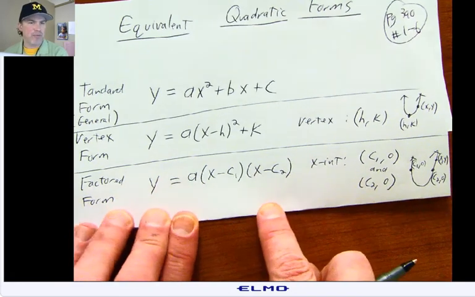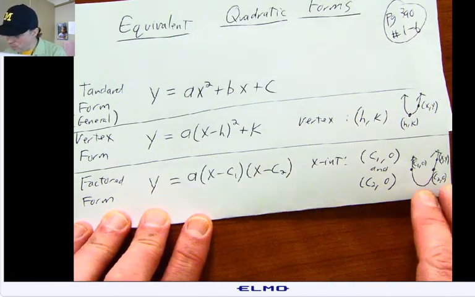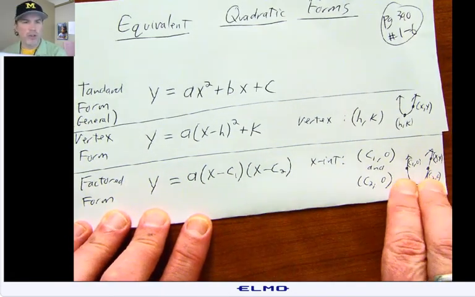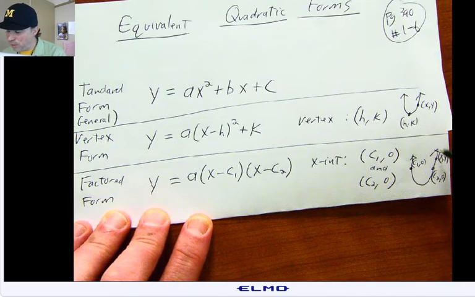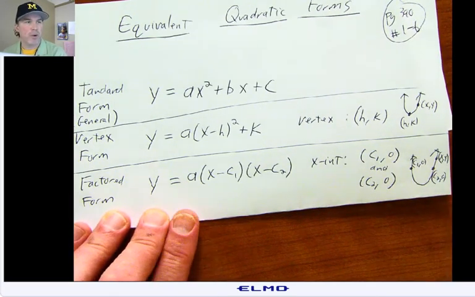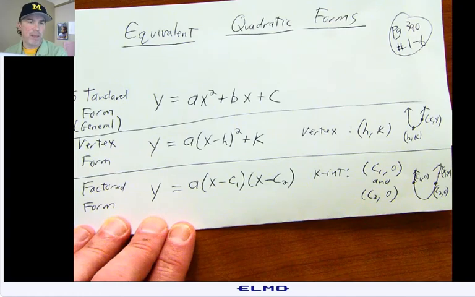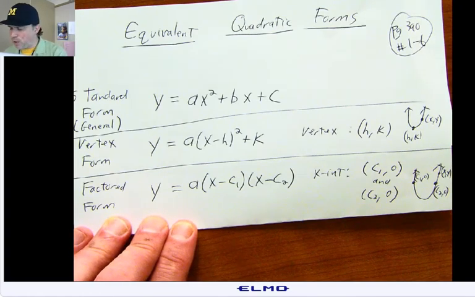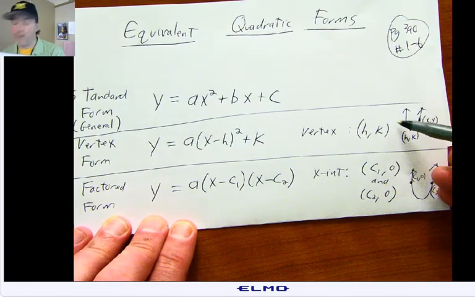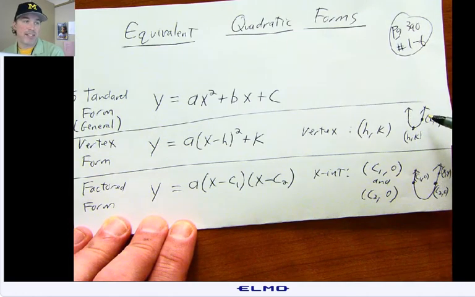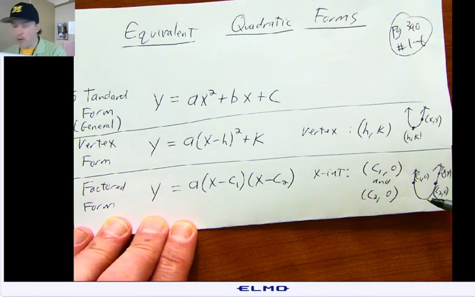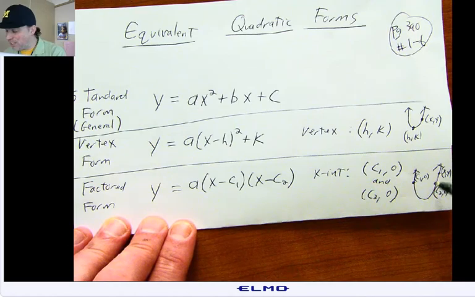Same thing in factored form: include the two x-intercepts and then a third coordinate. It could be any coordinate on the graph, and it'll work. In vertex form, it's awesome if your other two coordinates are the x-intercepts, because that's helpful. And in factored form, it'd be awesome if your third coordinate were the vertex, but it doesn't have to be.